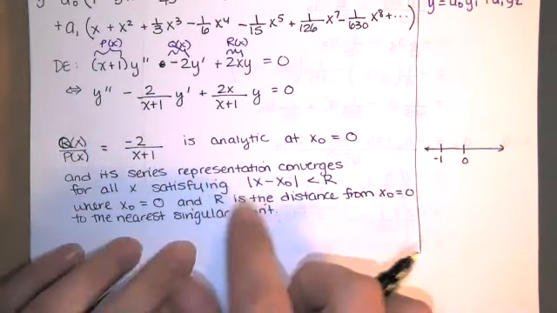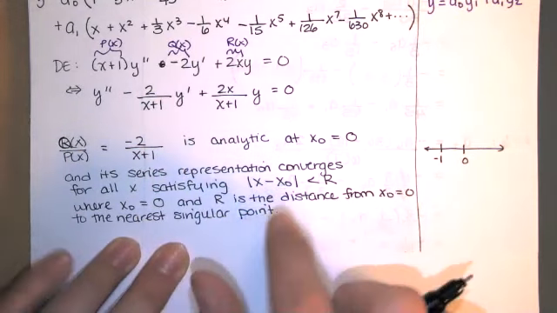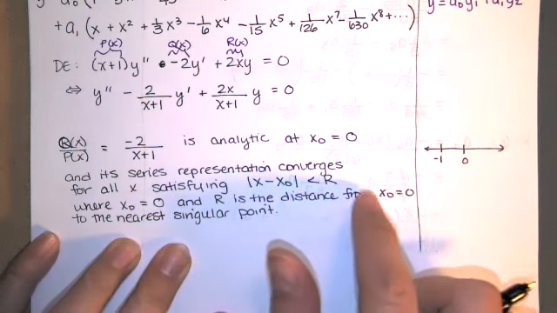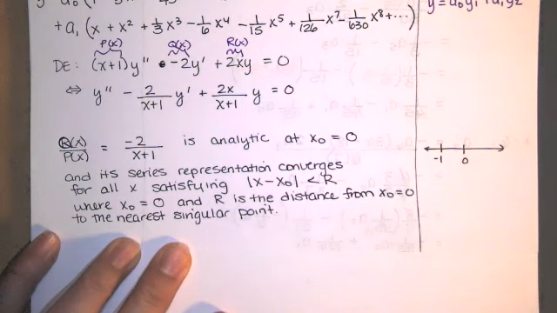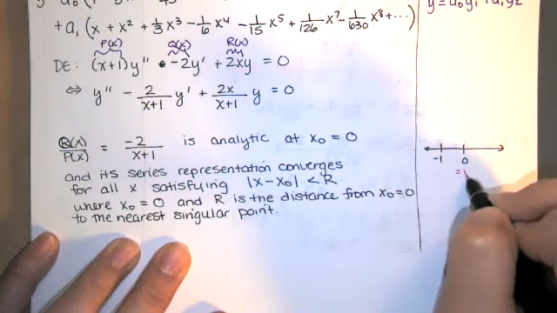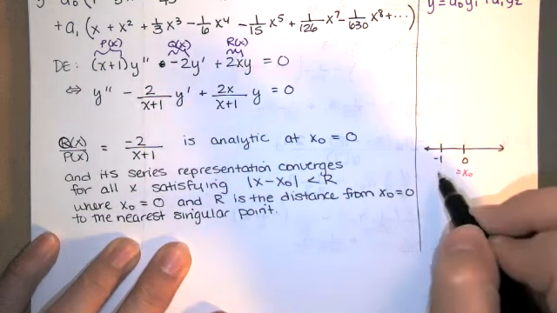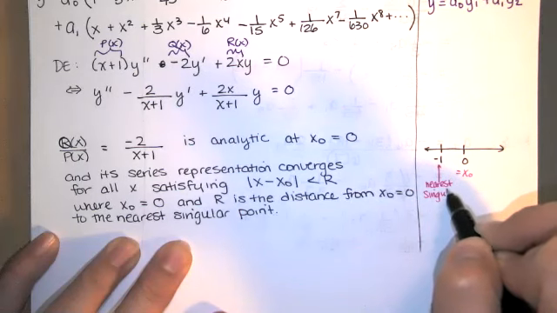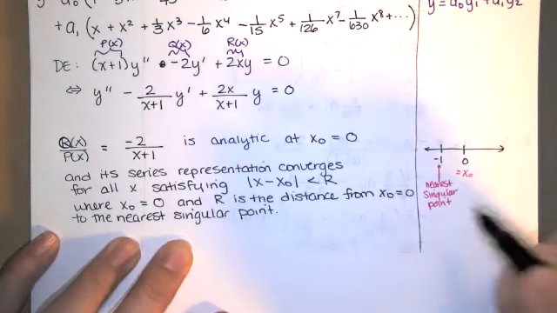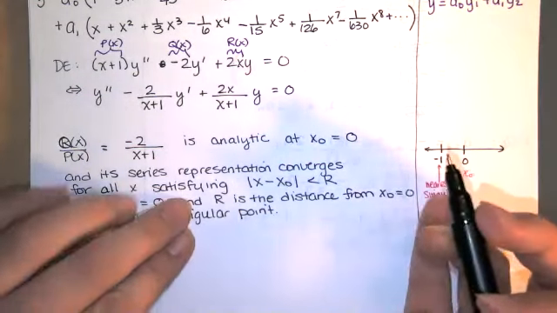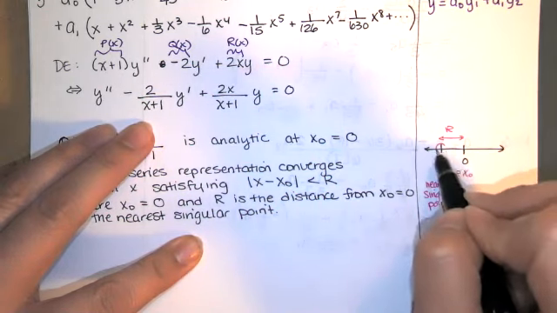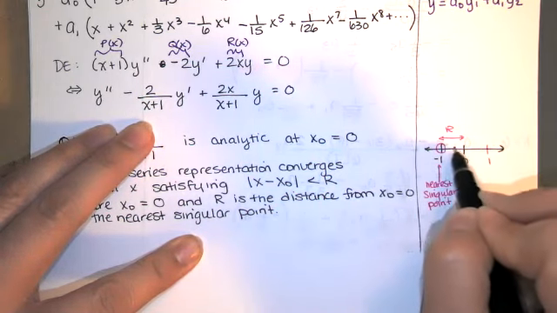Okay, so this function has a series representation that's guaranteed to converge for all x satisfying this, where r is the distance between x naught, that's our x naught equals 0 in this case, that was given to us, and the nearest singular point. Now it's always a symmetric interval about that center. So if this is R, the interval of existence is going to go from -1 to +1, at least.